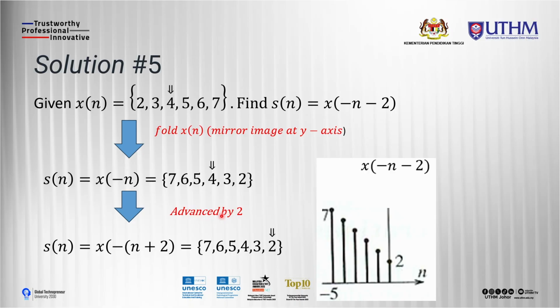So I use the origin symbol technique and shift the origin 2 units to the right, since advance is 2 units to the right. So I get 1, 2. In the end, I have the origin at the value of 2.